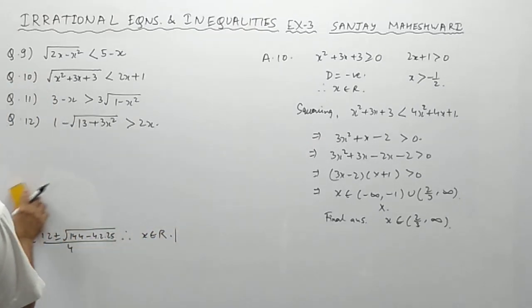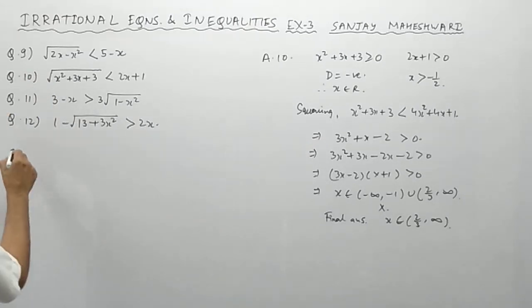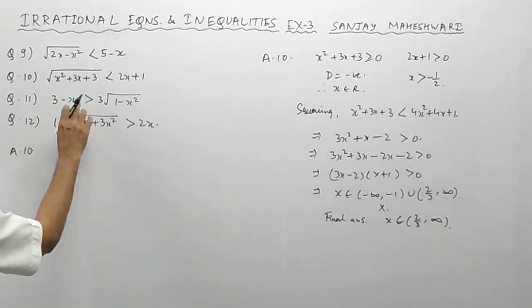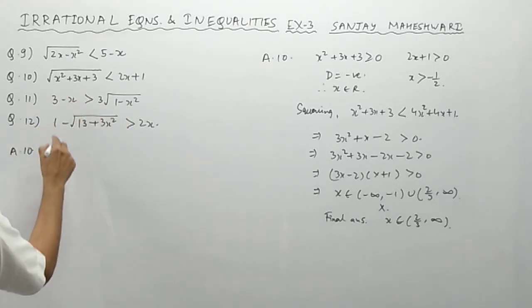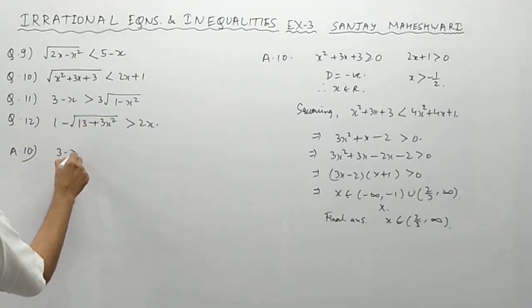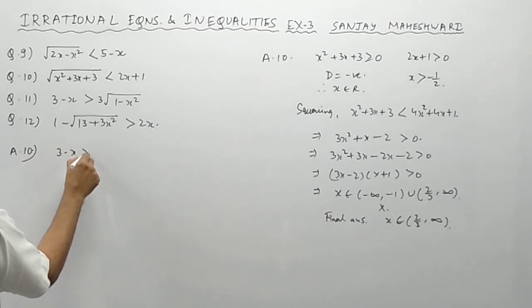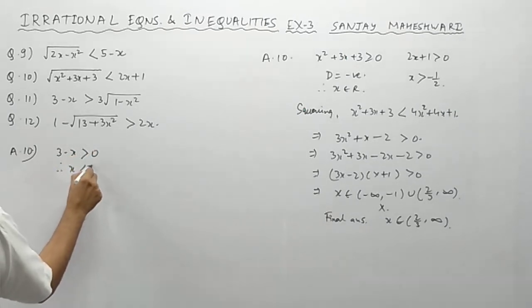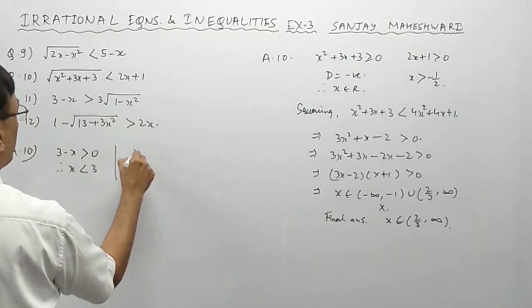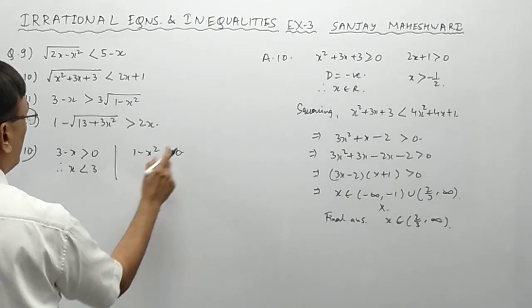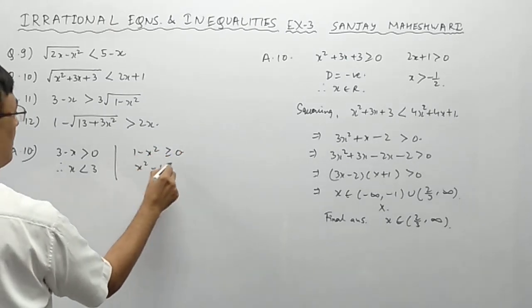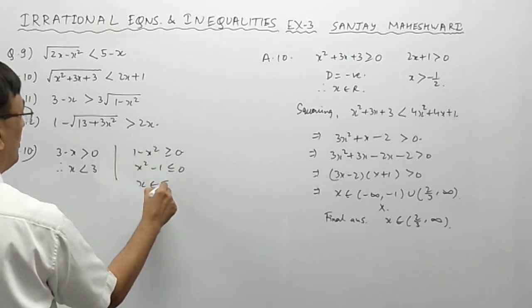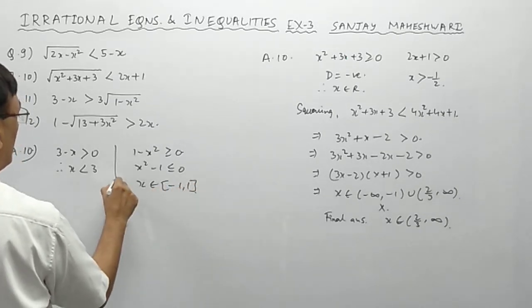Now question number 11. This side is positive, so this must be positive. The first thing is 3 minus x greater than 0, therefore x is less than 3. The second part is 1 minus x square greater than equal to 0, that is x square minus 1 less than 0, x belongs to minus 1 to 1, closed.